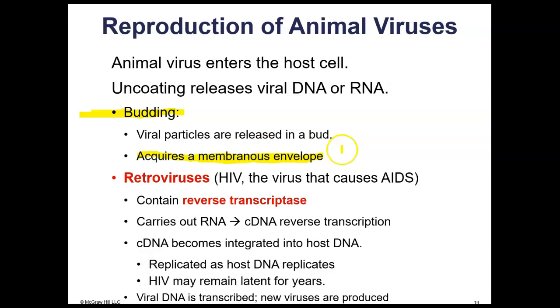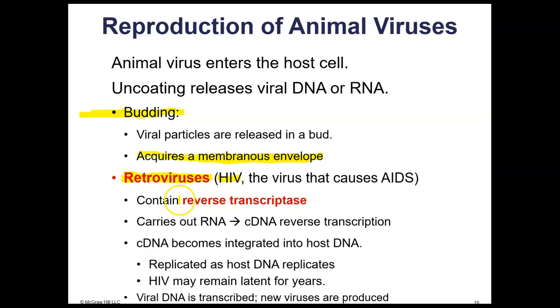And so they'll now have an envelope that is very similar to the cell membrane of their host cell. Now, retroviruses are very special because an example of a retrovirus is HIV, human immunodeficiency virus, which is the virus that causes AIDS.